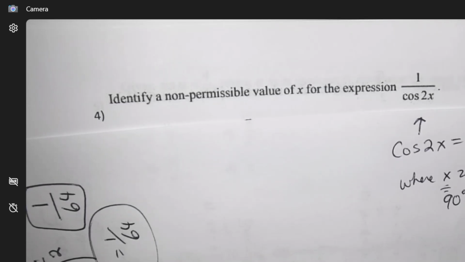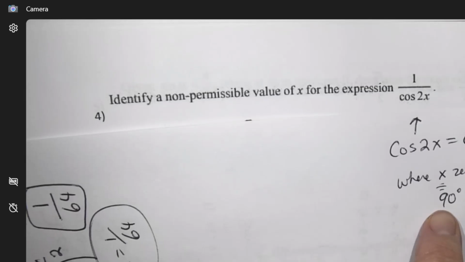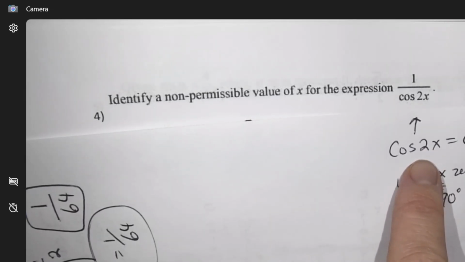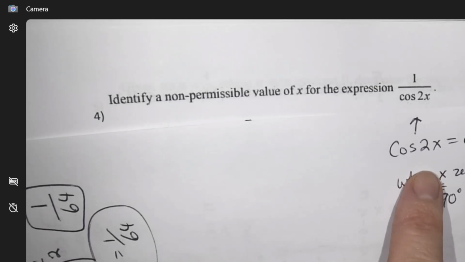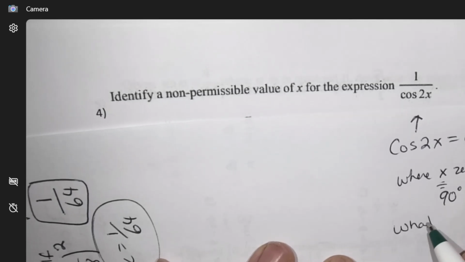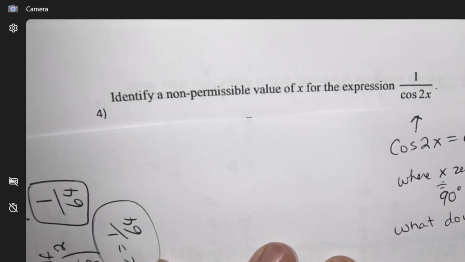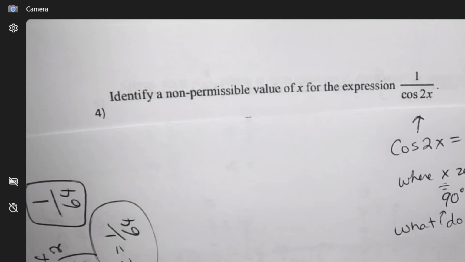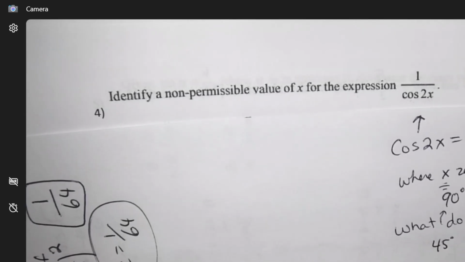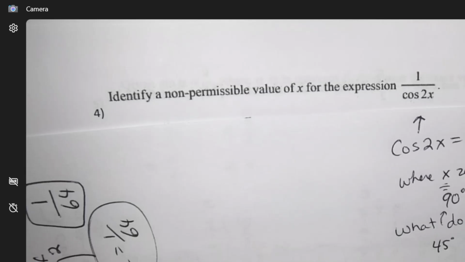But that's the angle problem, but this says double some angle. So here's my question. What would I double to make an angle of 90 degrees? What doubles to 90 degrees? 45. So 45 would actually be a problem because if I doubled 45, I would get to 90, and then that makes a cos value of 0.